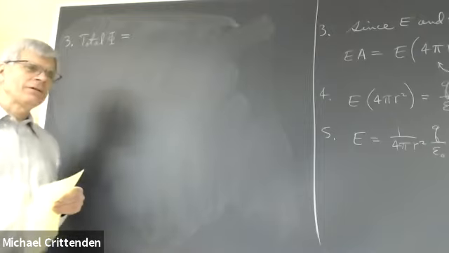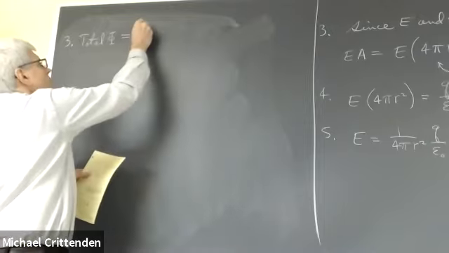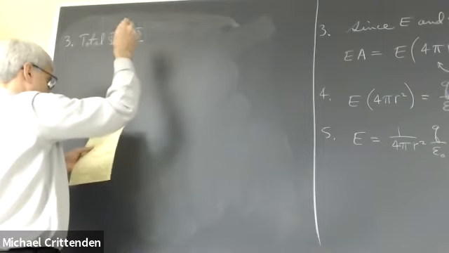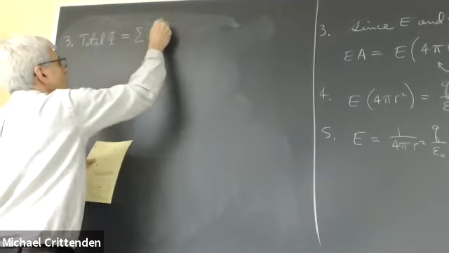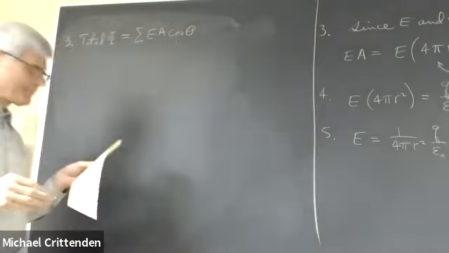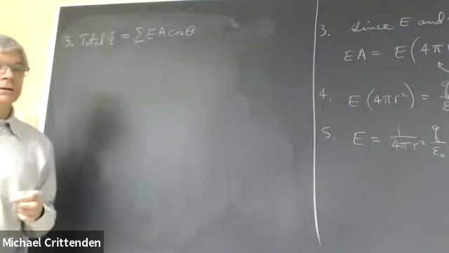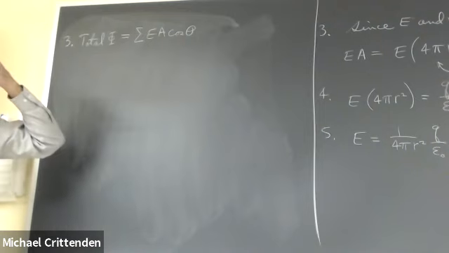I think if you look at the formula sheet, the way I wrote Gauss's law, it said the summation. I know I did this in Wednesday's notes anyhow. E dot A, the E vector dotted with the A vector, is E times A times the cosine of theta.